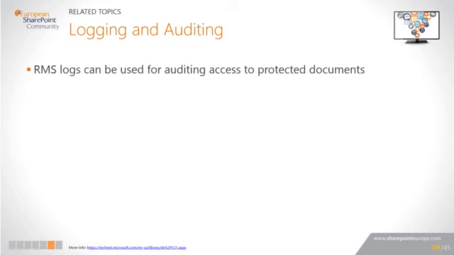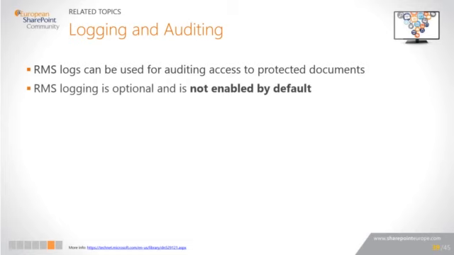So RMS logs. Currently, what recurrently shows up in any security-related discussion is how can we audit the usage of protected documents. So RMS logs can be used for auditing purposes, since they contain information about all RMS operations on each protected file.